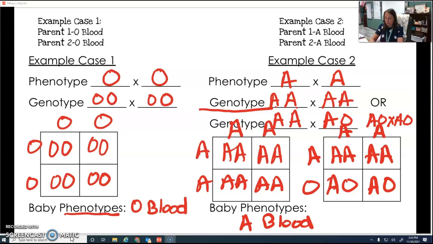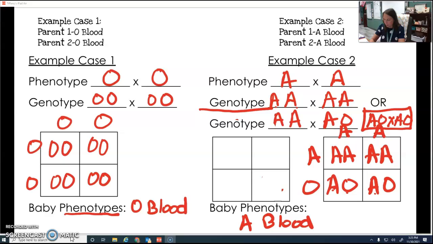These boxes have different genotypes, but AA and AO are both going to give me A blood, so my only option is A blood. Is there any way I could get O blood out of this group? If I did this one, could I get any O blood? So I'm going to scoot this one up here on top so that we can see what that one might look like. Or I could just erase. Give me a second. Okay, let's use this Punnett square and see what would happen if we did A and O both.